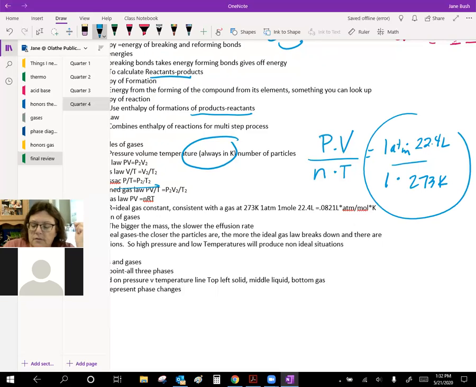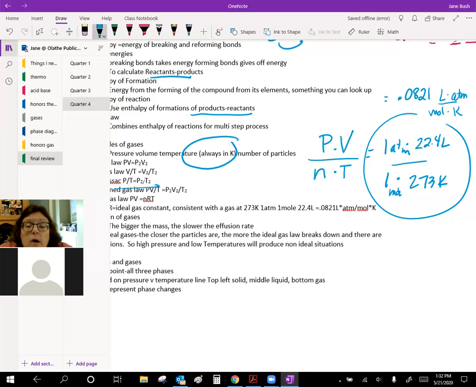If you multiply those out, you end up with 0.0821 liters times atmospheres over moles times Kelvin. That is what we call the ideal gas constant.